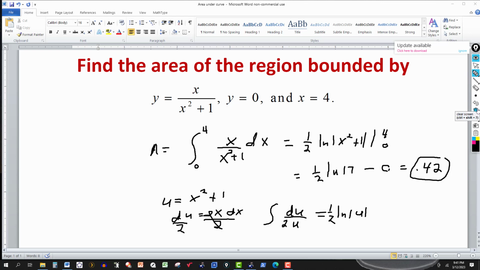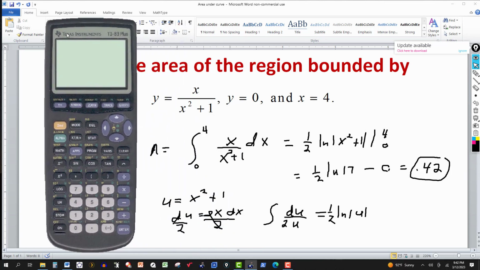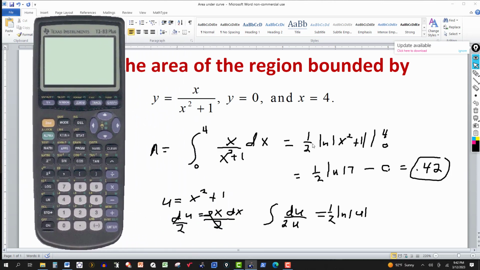Now let's go ahead and clear this. But we don't have to clear it. Let me just bring up the calculator. Obviously the instructor would want you to do it this way, show your work. But you can use your calculator to double check it. Go to Math. And then scroll down to number 9 here. Hit enter. That's the definite integral. So we enter the function.